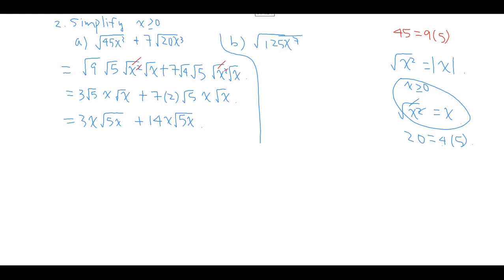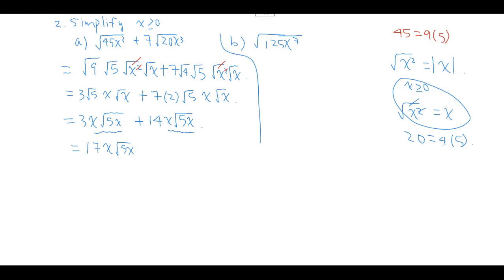And now we can combine them. Here, x times the square root of 5x is a common factor, right? So we have 3 plus 14, which is 17, then times x square root of 5x.